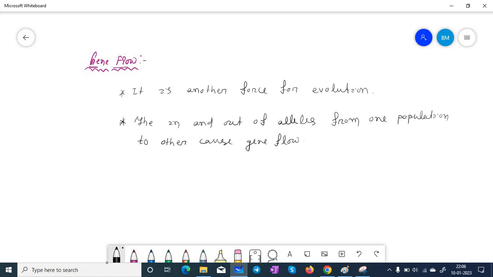Gene flow leads to evolution and variation in the genetic makeup.